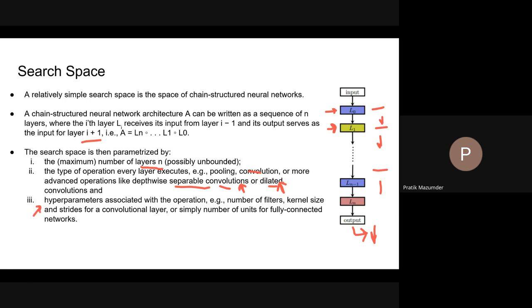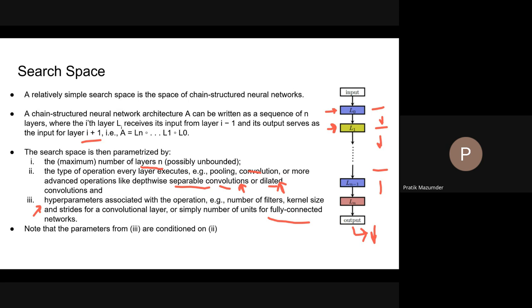Your hyperparameters like the number of filters, kernel size, and others for your convolution layers, the number of units in your fully connected networks, and other factors which are part of every layer. So these hyperparameters will also get tuned, and your NAS will return the best possible set of these parameters for you to train your model on. Okay.